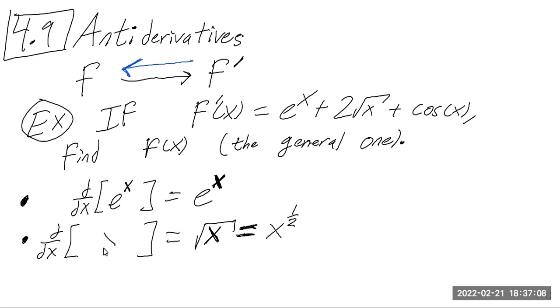So I take this x to the 1/2, and I'm going to have to add a 1 to it. Likewise, whenever we do the power rule, we bring down this power as a coefficient. So since I don't have a constant over here, I have to put that coefficient right there, right?